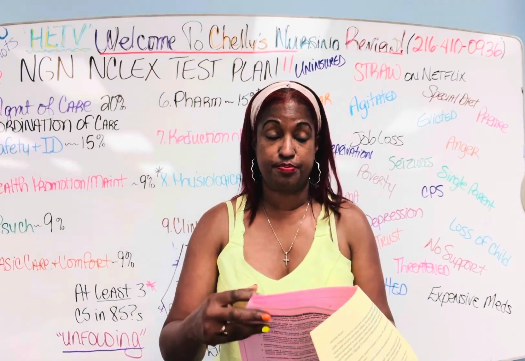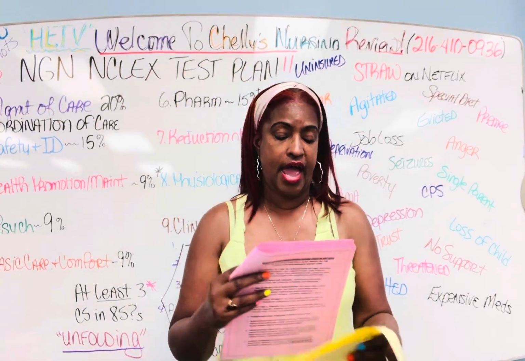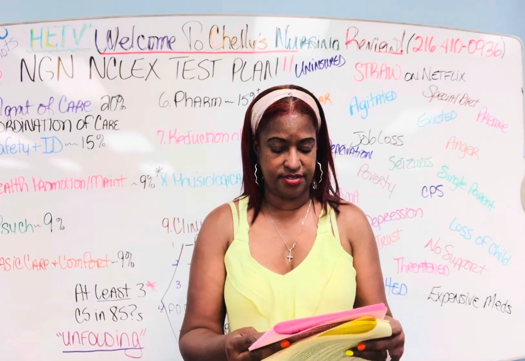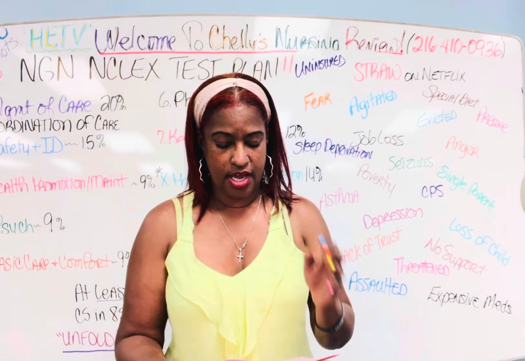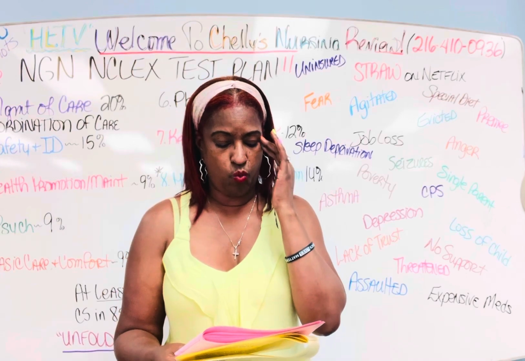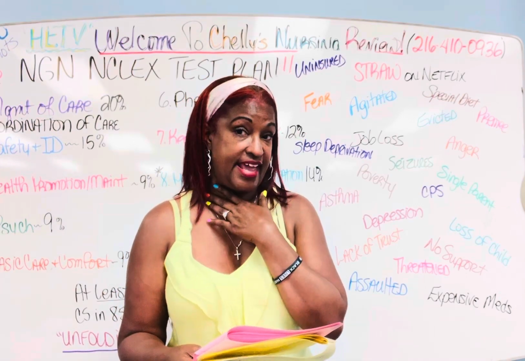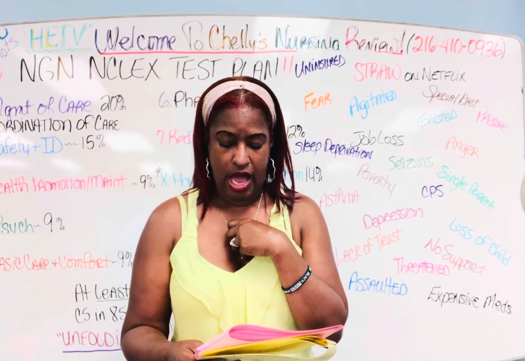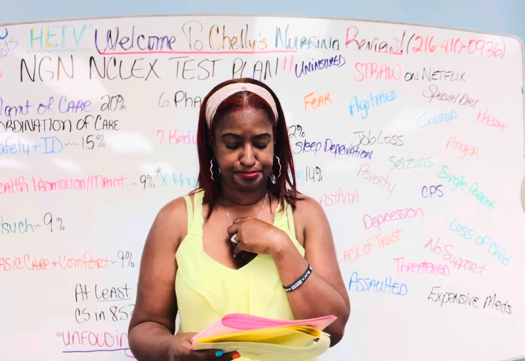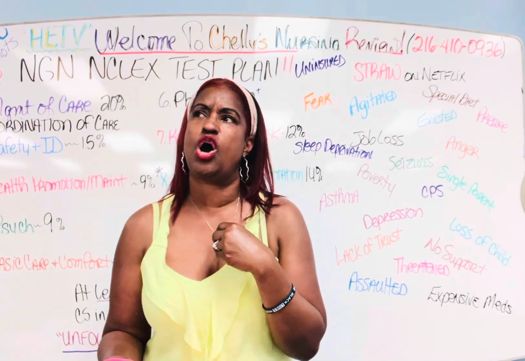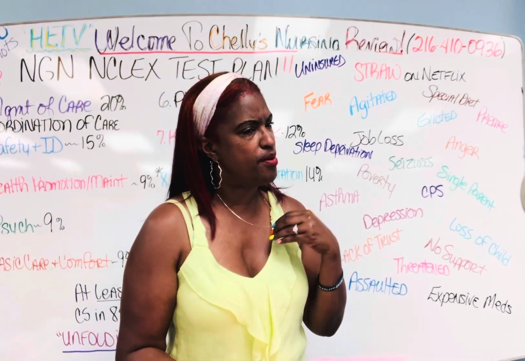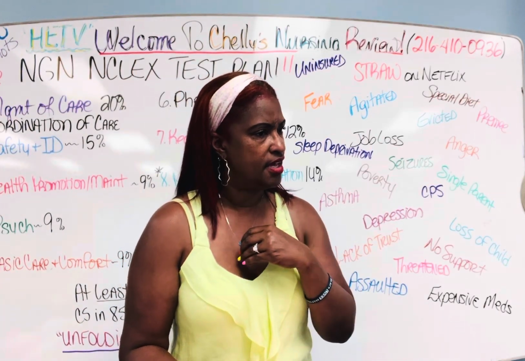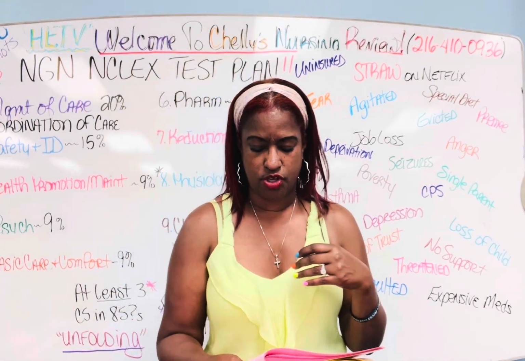Okay, so don't be surprised if you've got a bunch of quotes and you have to choose which one is making sense. So it is discharge teaching, it's making sure they don't get worse, it's safety issues, it's making sure you know what would happen if they're getting a complication from that disease process. Okay, so all of that is so important.